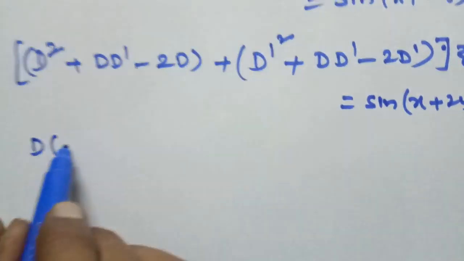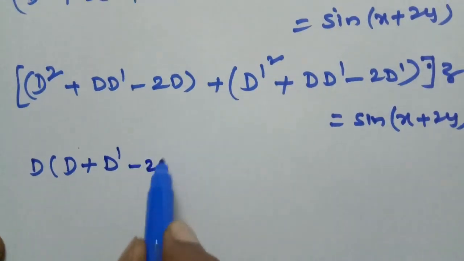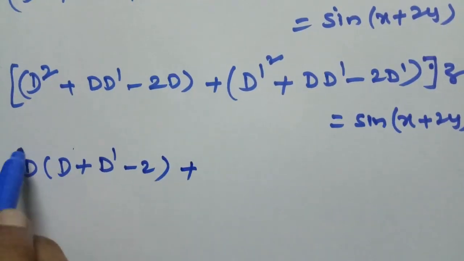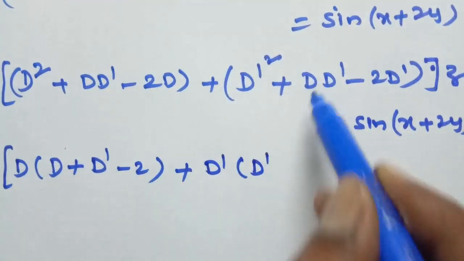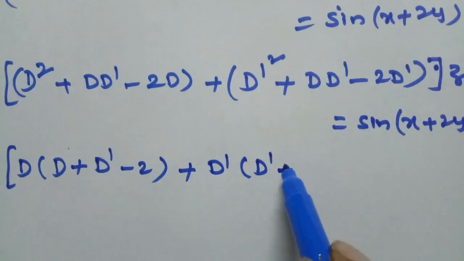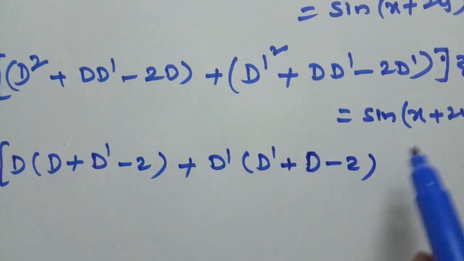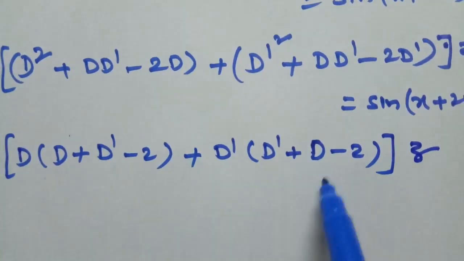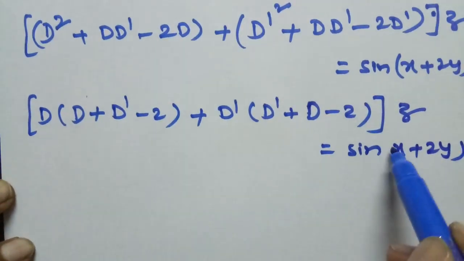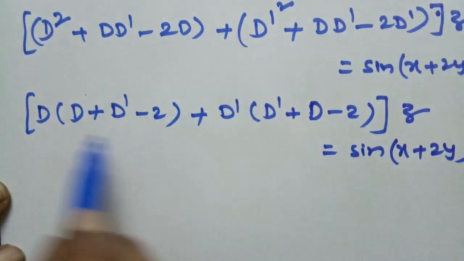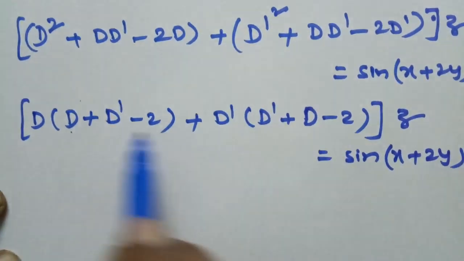Therefore this can be written as D times (D plus D dash minus 2) plus, here also D dash is a common factor, and the remaining factors are D plus D dash minus 2. Here D plus D dash are both the same, minus 2.